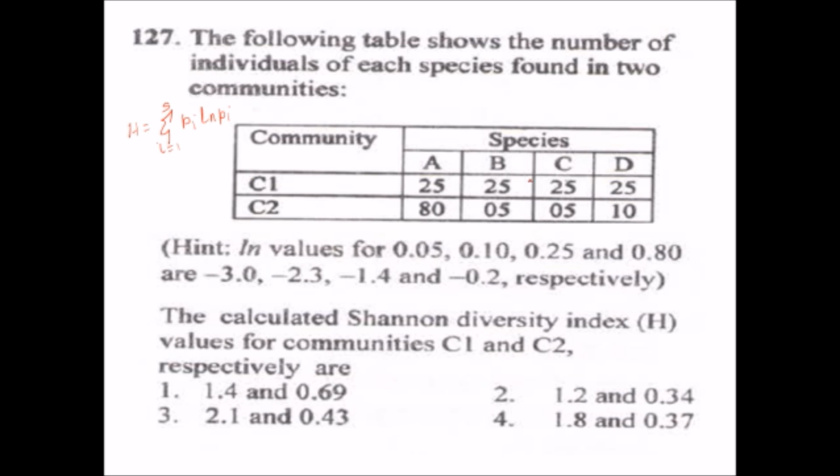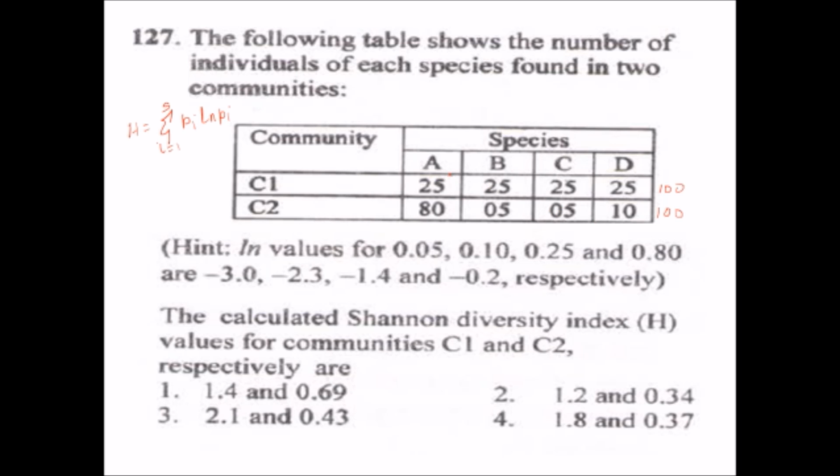So the total population in community C1 is 100, and in community C2 it will also be 100. So the total population is the same. Now if we have to calculate the Pi, it is the proportion of the population.